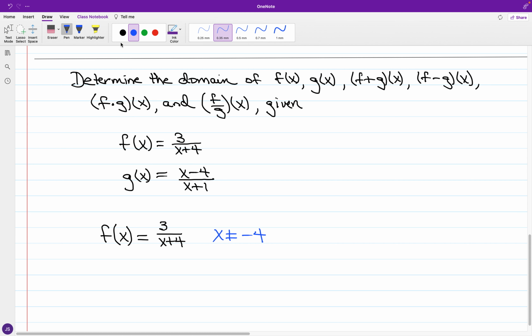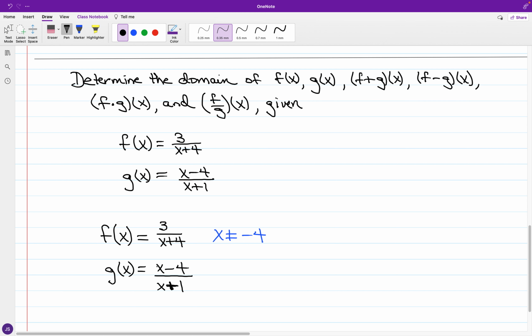Now, in the case of g of x, you have a couple of variable expressions involved, with x minus 4 and x plus 1. But again, the restriction is going to lie with the denominator portion.